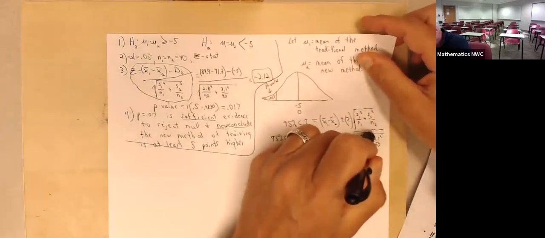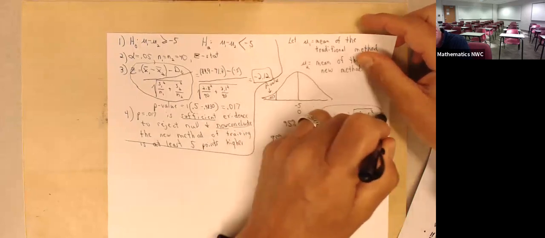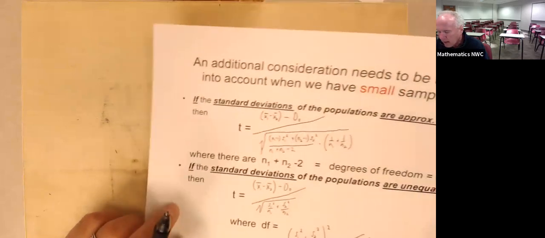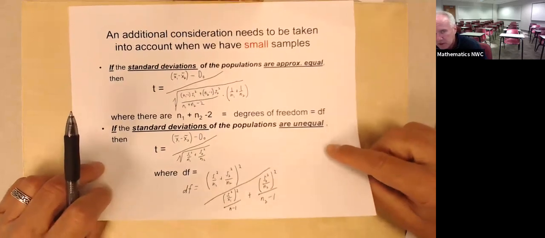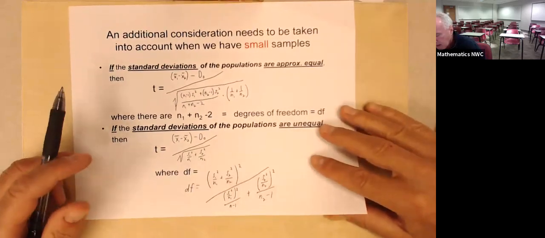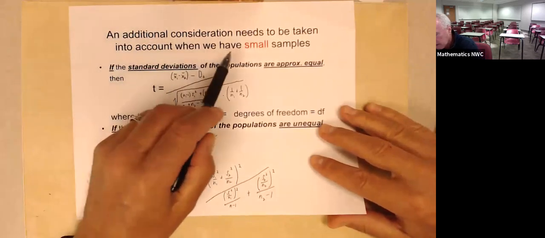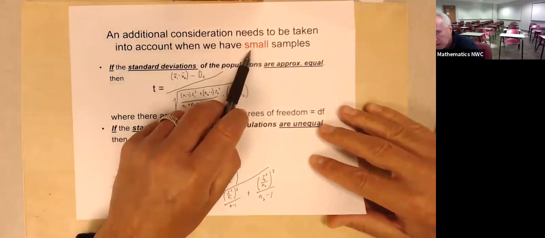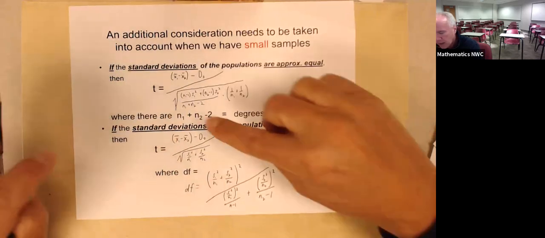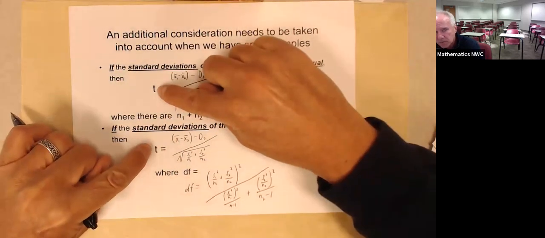The confidence interval got messier right there. That gets even more so when we have small samples. Small samples would be if either sample is less than 30. Don't panic, you don't have to write this down, but just look at it once. If either sample is less than 30, it would be a small sample, which means we'd have to run t-scores.